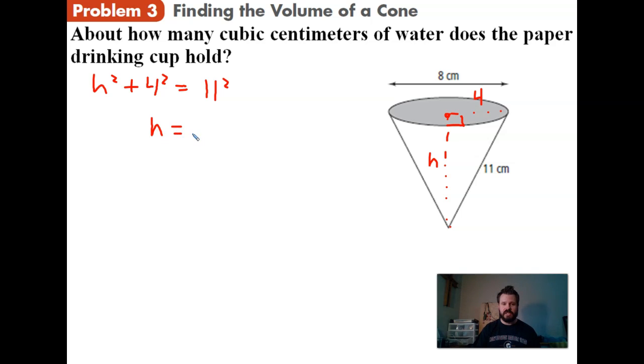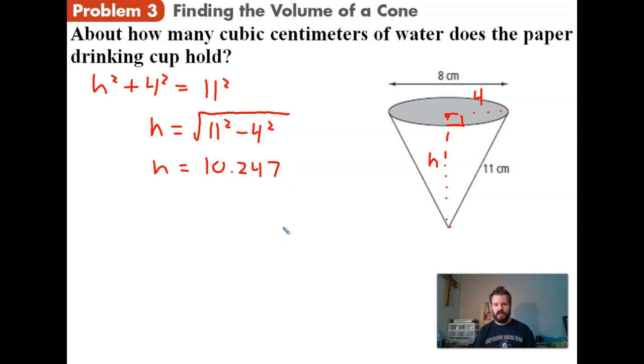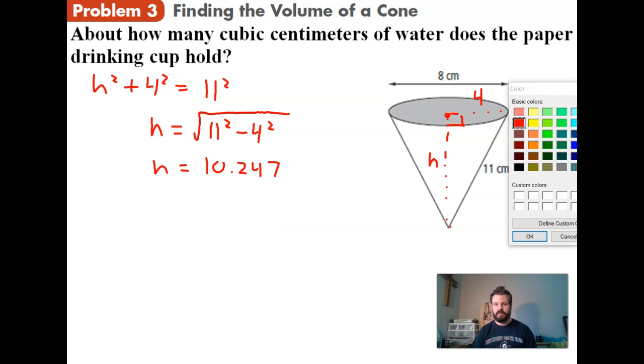I'm going to say h is equal to the square root of 11 squared minus 4 squared. I'm going to plug that directly into my calculator the way I see it there, and I end up with 10.247. Once again, rounding that intermediate answer to 3 decimal places.